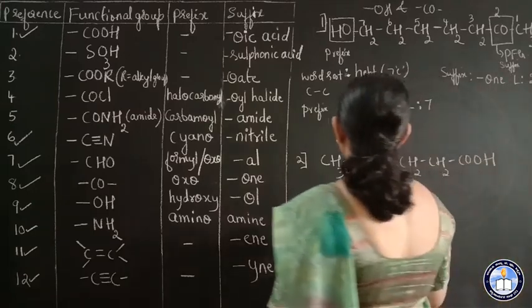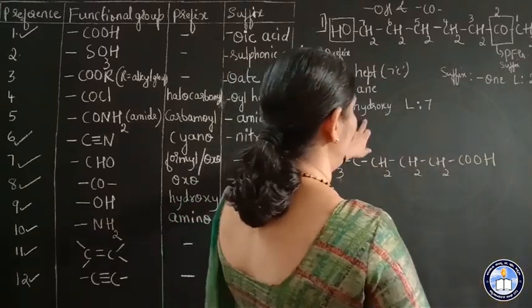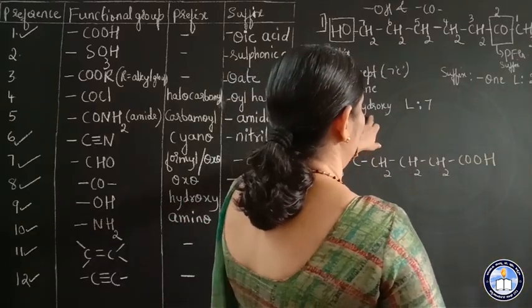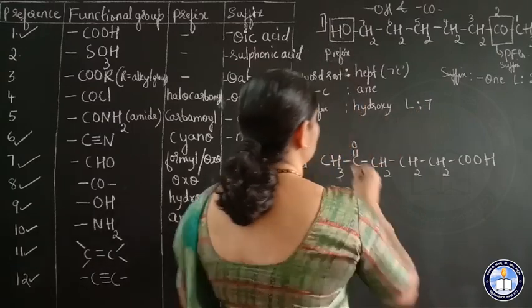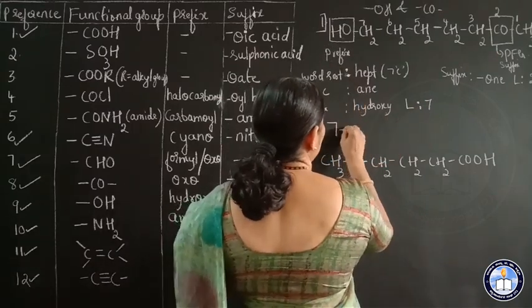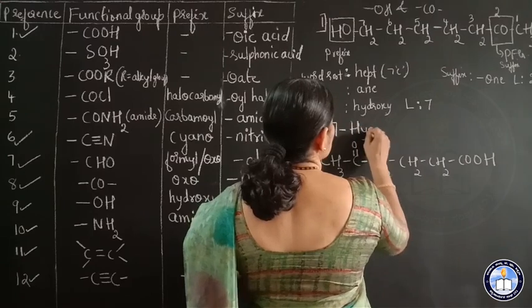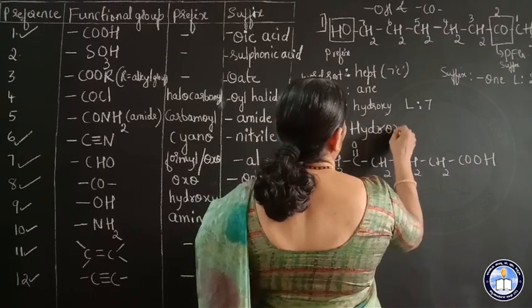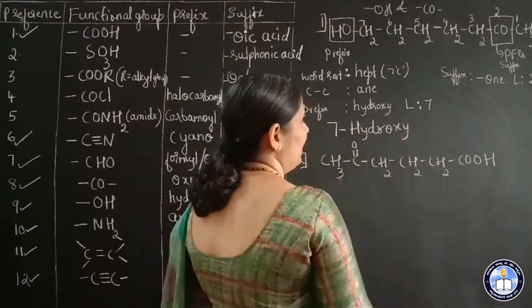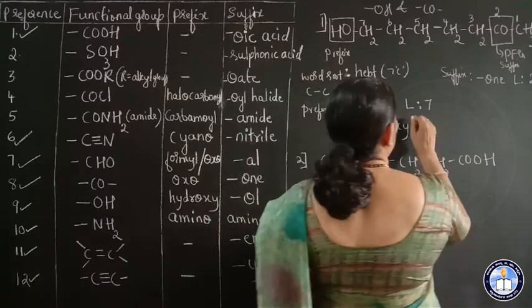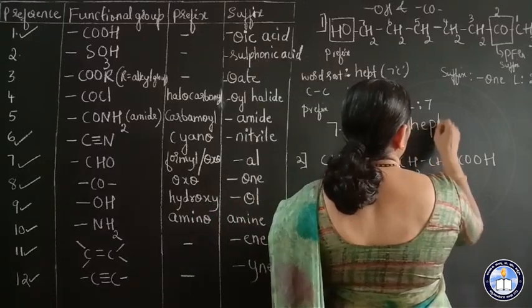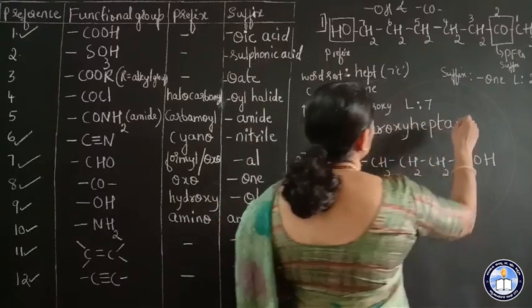Now we write the IUPAC name. First the prefix: the locant of hydroxy is 7, so 7-hydroxy. Now the word root, hept, then AN.